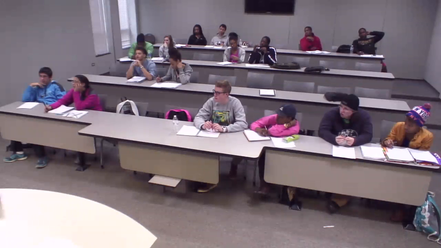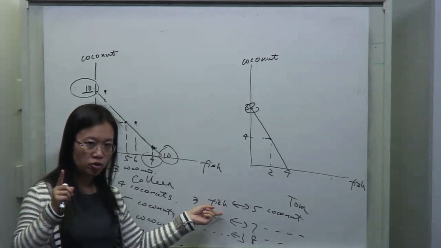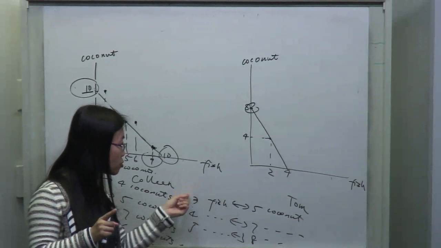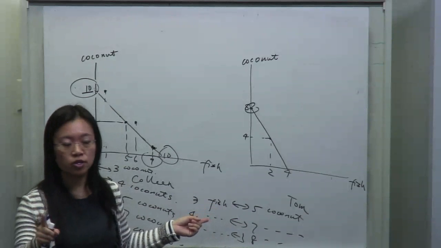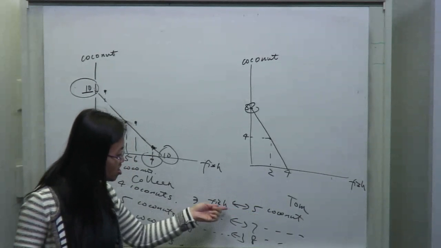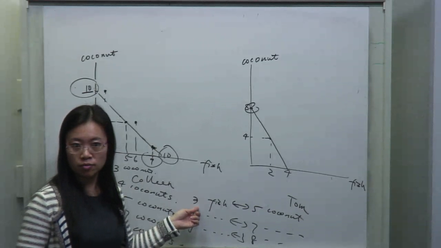Remember, if you are Colleen, your trade-off is 1-to-1. If you give up 1 fish by yourself, you get 1 coconut. Whenever you give up 3 fish, you want to get more than 3 coconuts. So as long as the number of coconuts is greater than the number of fish, as Colleen, you're happy, right?